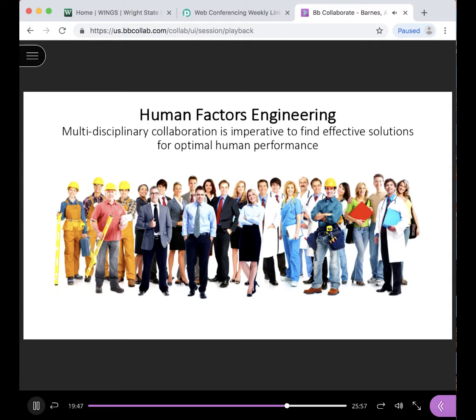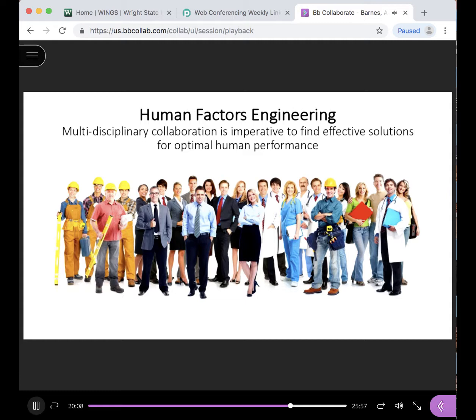Even if someone isn't necessarily a human factors engineer, they may incorporate aspects of human factors engineering in their job. If you're involved with quality or industrial engineering, systems engineering, many applications in medicine, the military, aviation, etc.